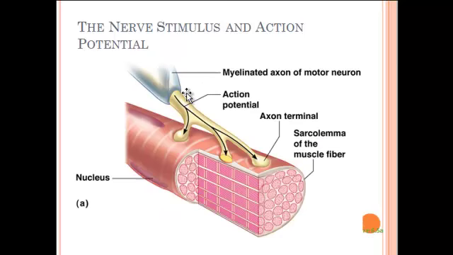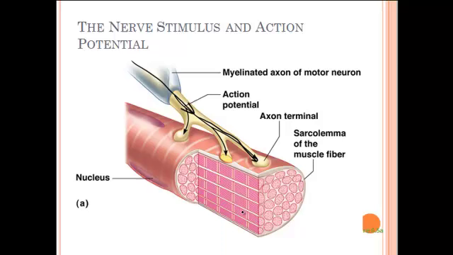Here we have the axon coming down, and notice here at the end the axon can branch. So this axon is coming in contact with the muscle fiber in 3 places. Our electrical stimulus is going to come down. Our signal is being sent from the brain, and it's going to come down and attach to this muscle fiber at 3 places.